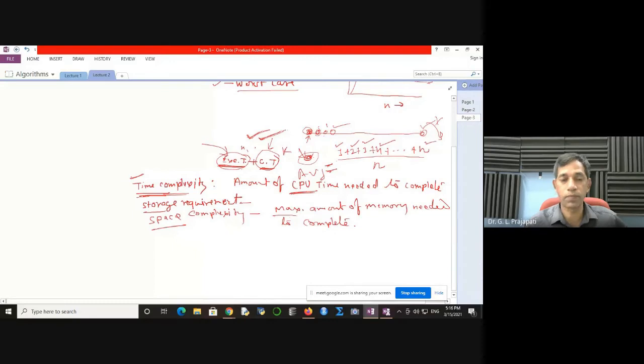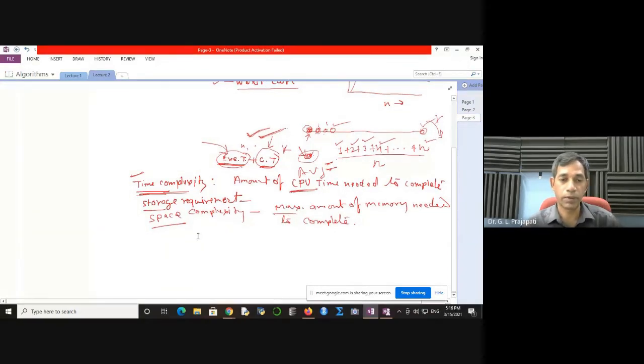So this you can determine with the help of the storage requirement, if you are interested in determining the amount of memory you need for completion of the algorithm.